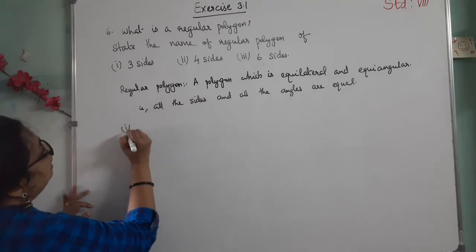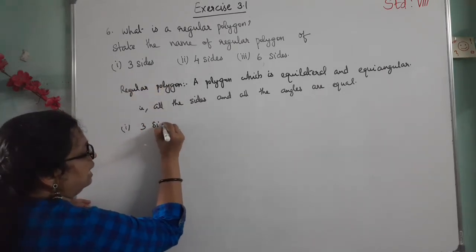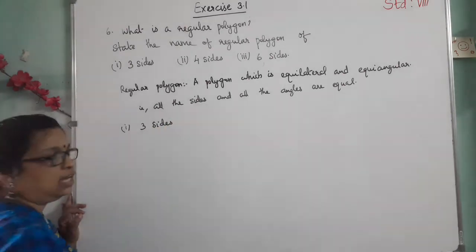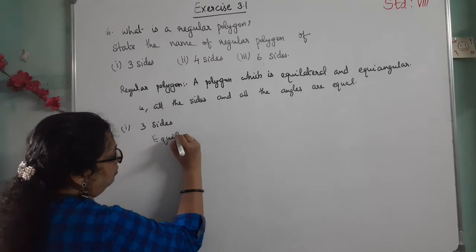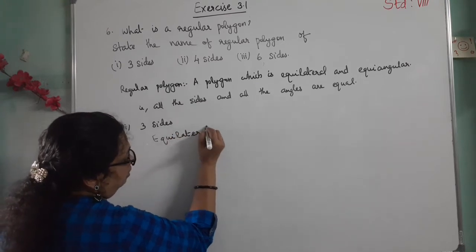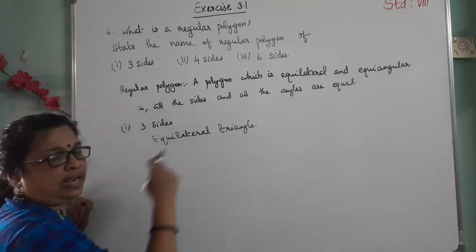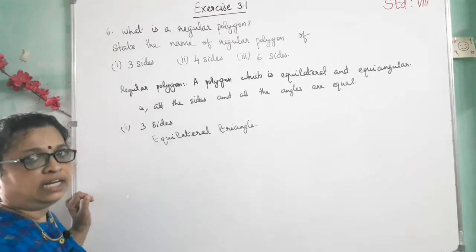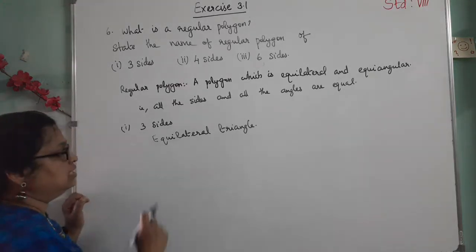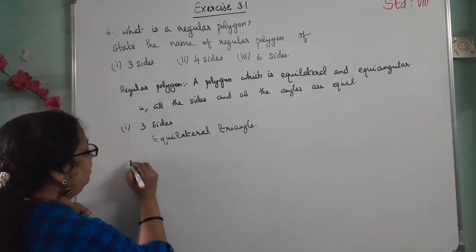Then next, a regular polygon of 3 sides, that is 3 sides are equal and 3 angles are equal. Which one is that? Equilateral triangle. All the 3 sides are equal, so all the 3 angles are equal. Angles are 60 degrees each. So a regular polygon having 3 sides is an equilateral triangle.